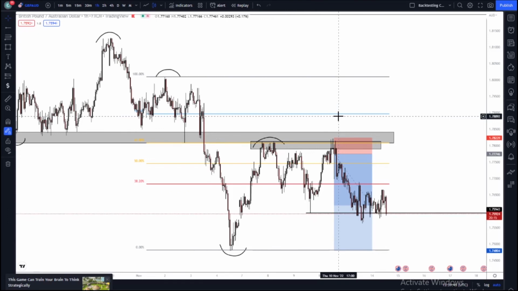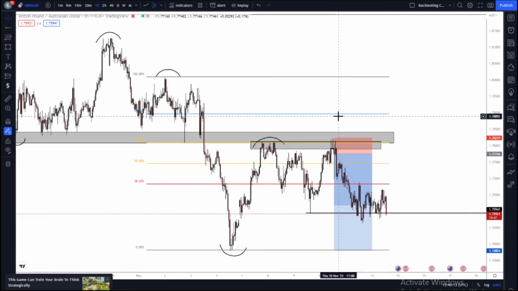So first of all, we identify our structure. Second, our lower high became our resistance. Third confluence, we took our Fibonacci from point A to point B. We realized price retraced back to our 61.8 zone, which is in confluence with our support.